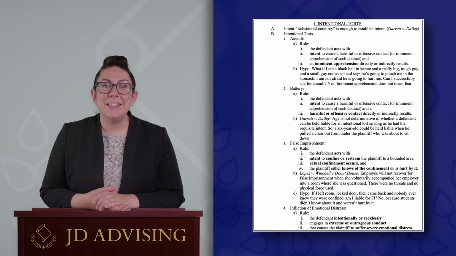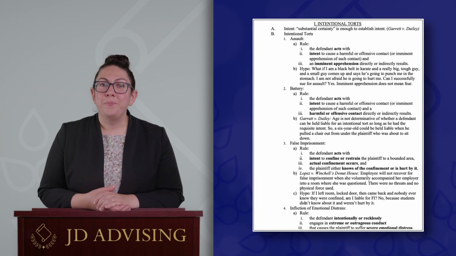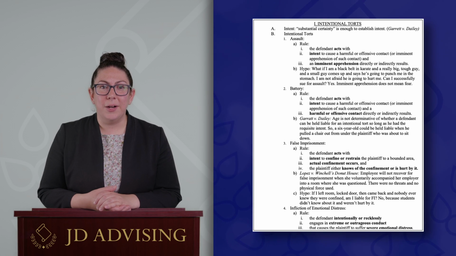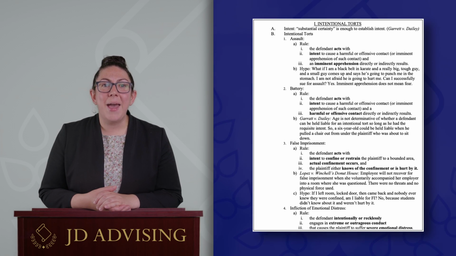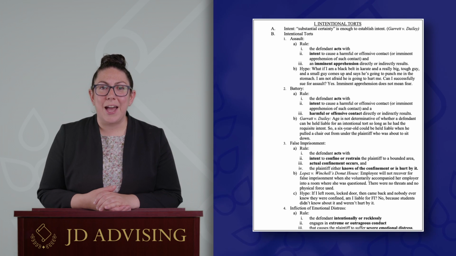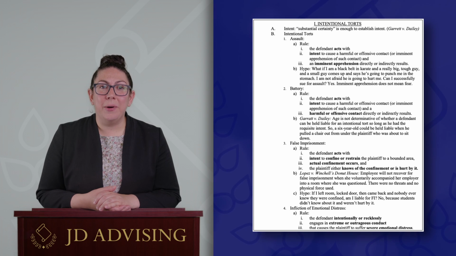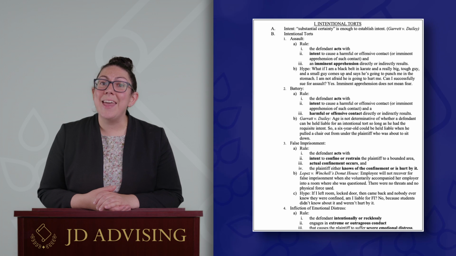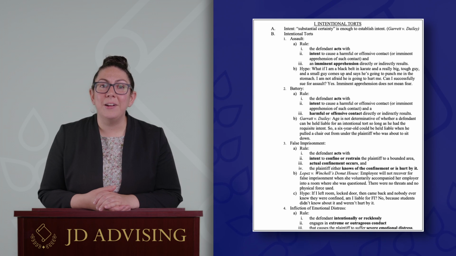Let's first look at an example from a full outline. This section of a torts outline covers the topic of intentional torts, which includes assault, battery, false imprisonment, and intentional infliction of emotional distress. Under each intentional tort, the outline states the rule broken down into elements, and then some hypothetical fact patterns that the professor might have mentioned in class, and then the key cases that were covered in class about each of those intentional torts.